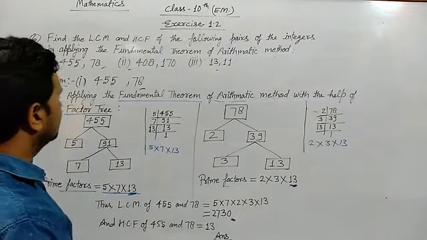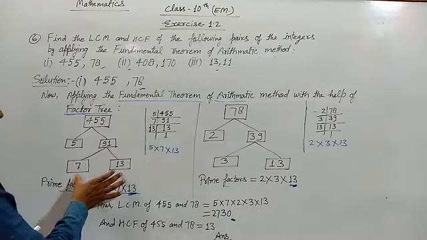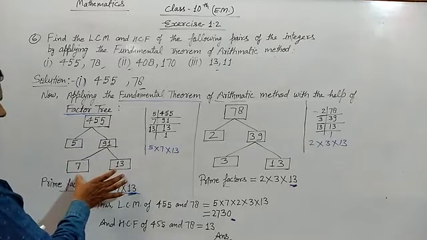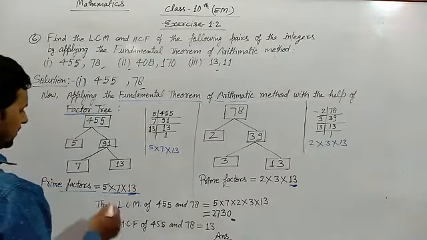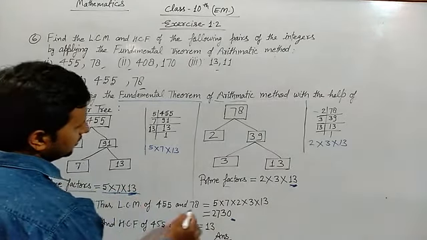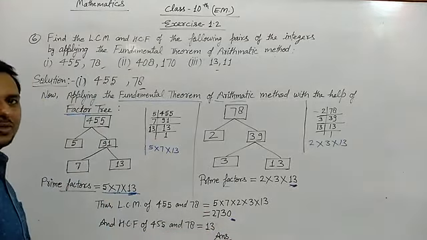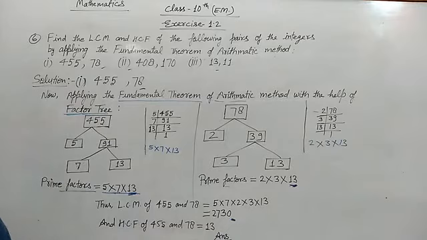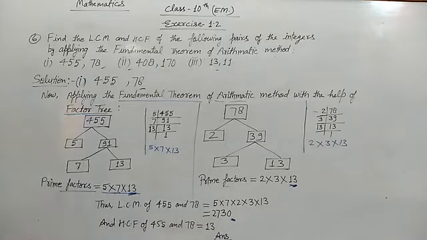You can see here we have to prepare this type of structure. This is called factor tree for both numbers, and by using this method, in this way we can find LCM and HCF. It's okay. Now we see our other question. You can take a screenshot.